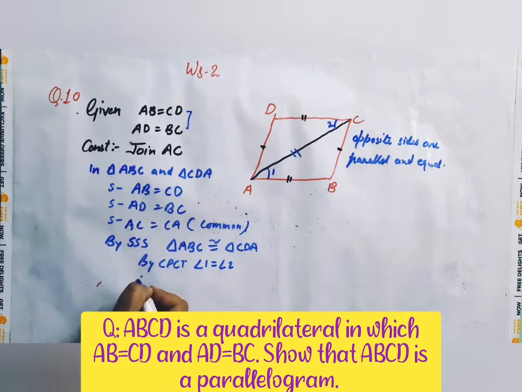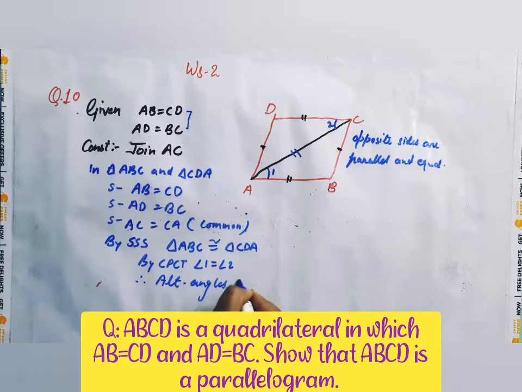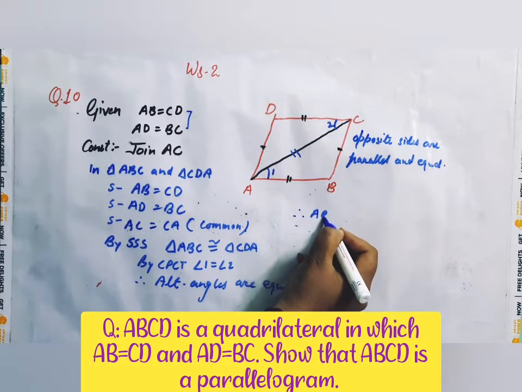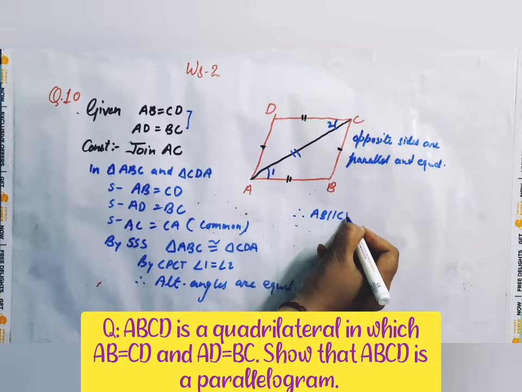Therefore you can write alternate angles are equal. If alternate angles are equal, therefore you can write AB parallel to CD.